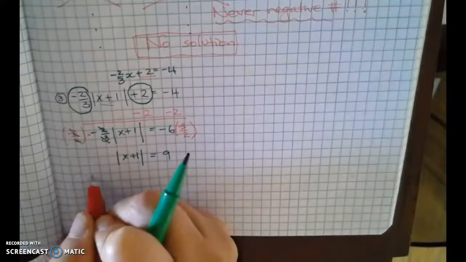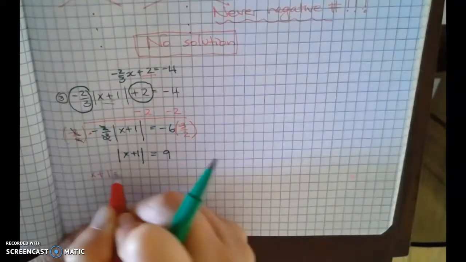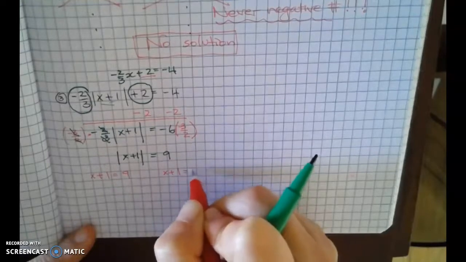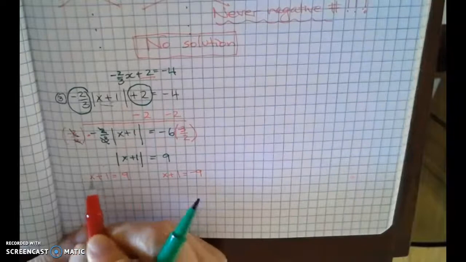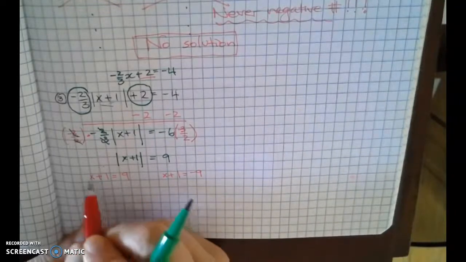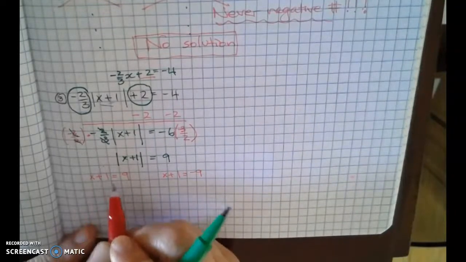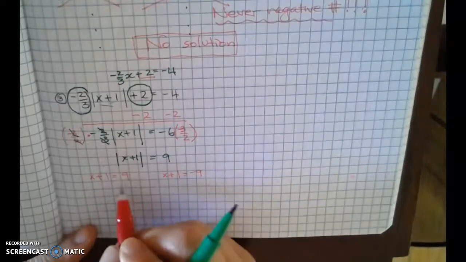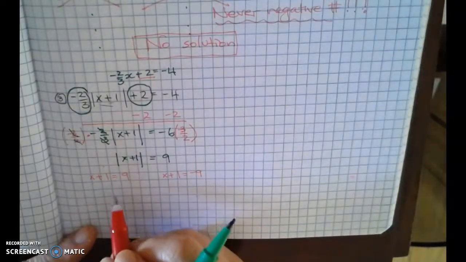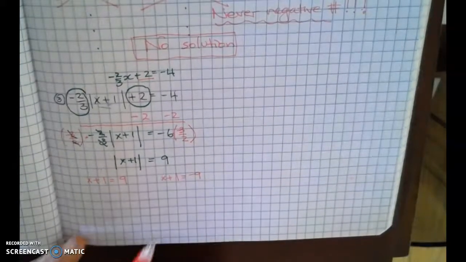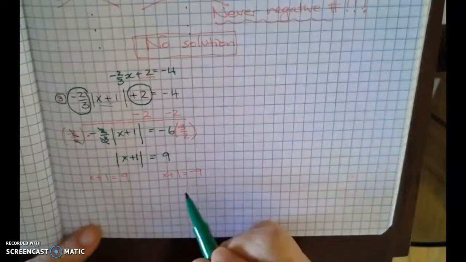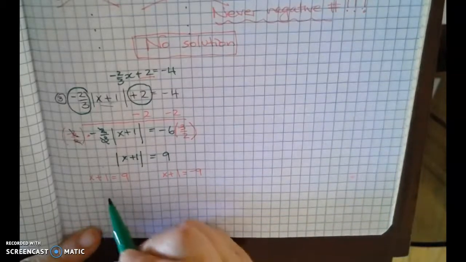So I have x plus 1 is equal to 9, and x plus 1 is equal to the negative version, which is negative 9. Again, when you're writing these two equations, it should not have the absolute value symbol because you've applied it by giving the positive and negative versions of it. I should not be seeing that, and I am going to be docking points if I see that, because you're not really understanding the whole thing.